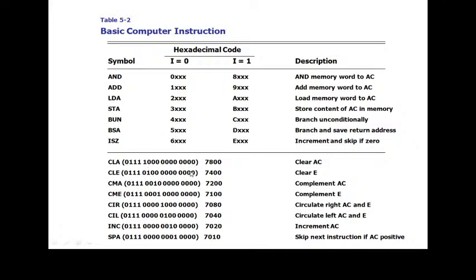If we don't need an address, all these bits will be free, so we can use them for some other purpose. 0111 is only giving us the type, the format of the instruction, that this belongs to register reference instruction. We'll use these bits for designing the instruction itself, the opcode itself.